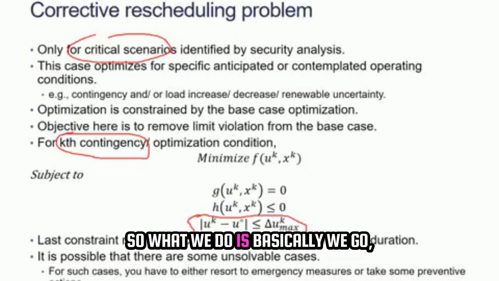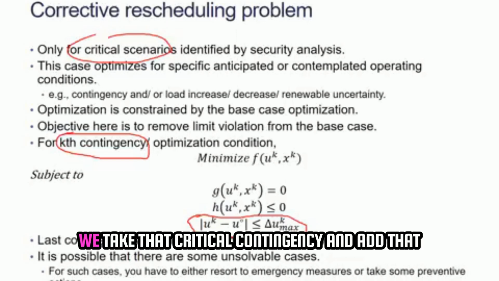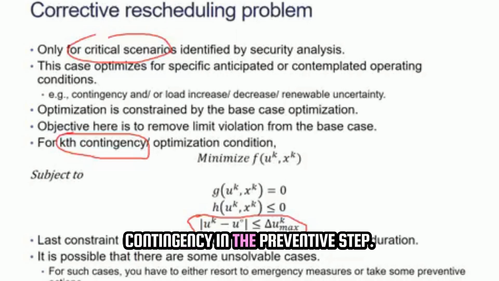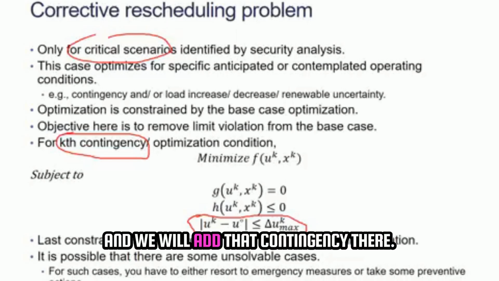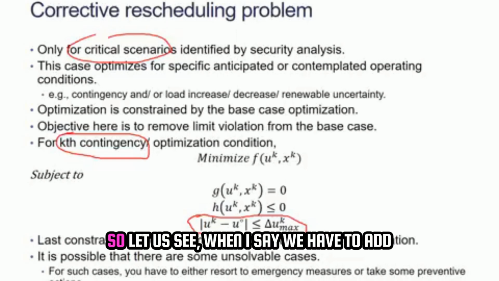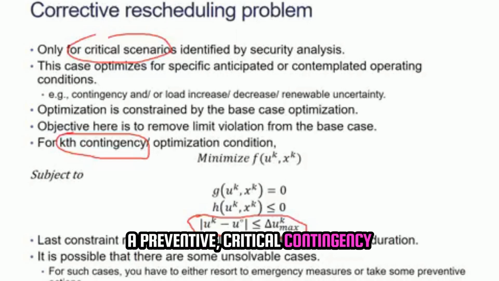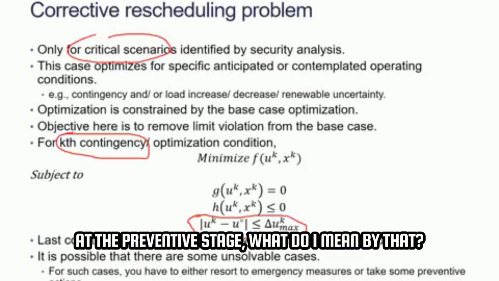So we take that critical contingency and add it in the preventive step. We'll go to the preventive rescheduling and add that contingency there. So when I say we have to add a critical contingency at the preventive stage, what do I mean by that?